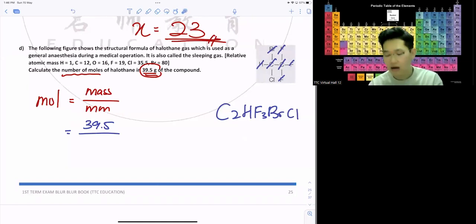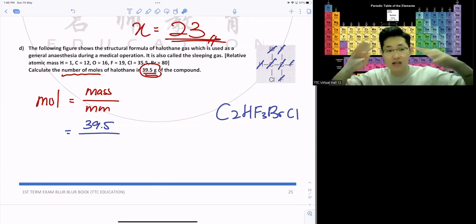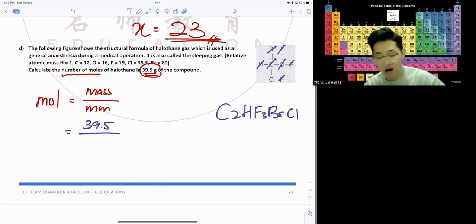Okay, if you ask me, how do I know which one has to come first and which one later? You can always follow the sequence of the alphabet, A to Z, or it actually doesn't matter, they don't care. As long as you are able to find the total mass.